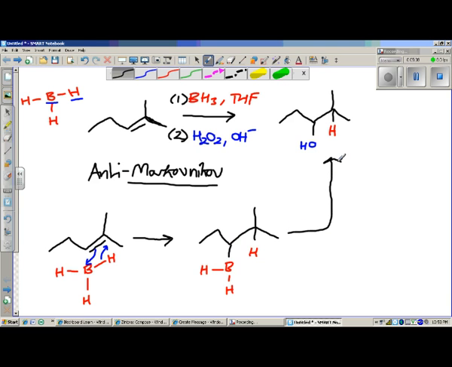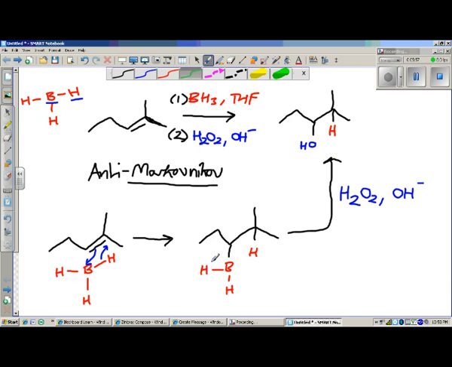The second step, virtually no textbooks go into the mechanism. As far as I'm concerned, it's beyond the scope of the course. It's not something that we have to worry about. And if I was to go into it, it would just be confusing. Essentially, this is an oxidation step.